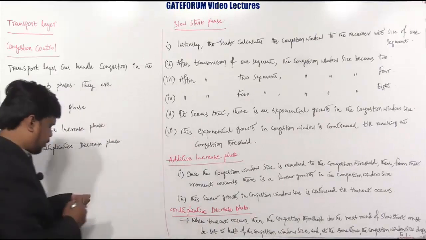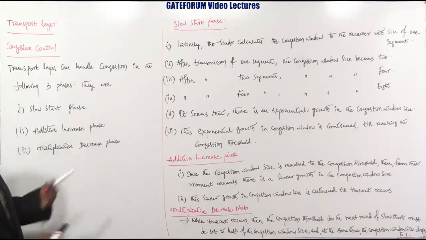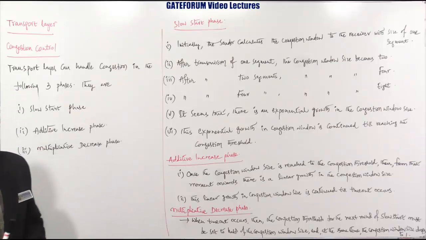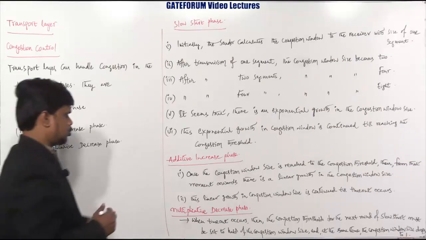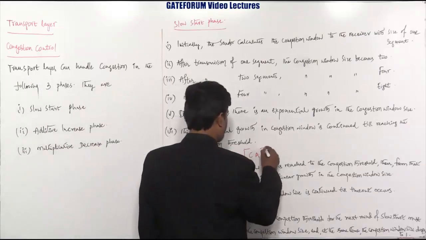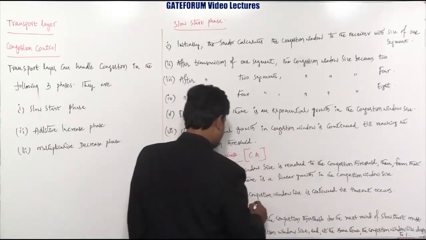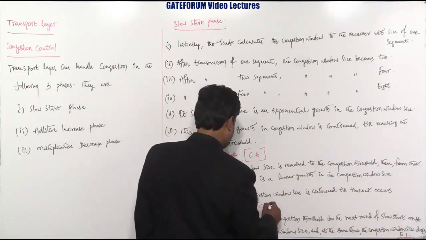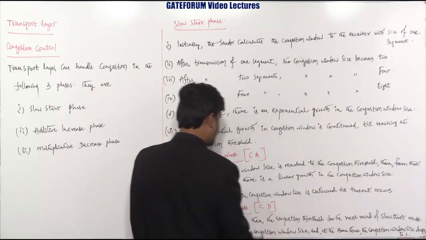Here you can say where the congestion occurrence is, and where the congestion avoidance and detection are. The additive increase phase we use for congestion avoidance, and multiplicative decrease we use for congestion detection.